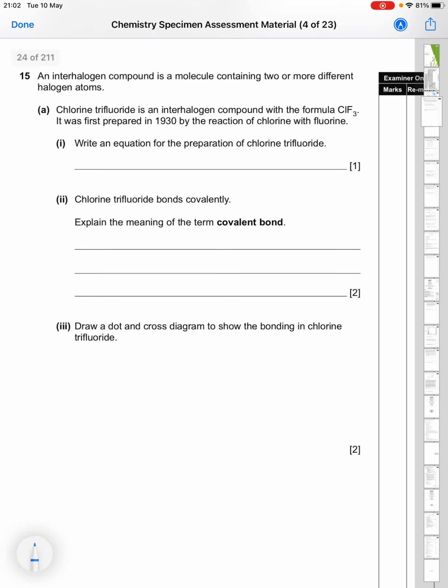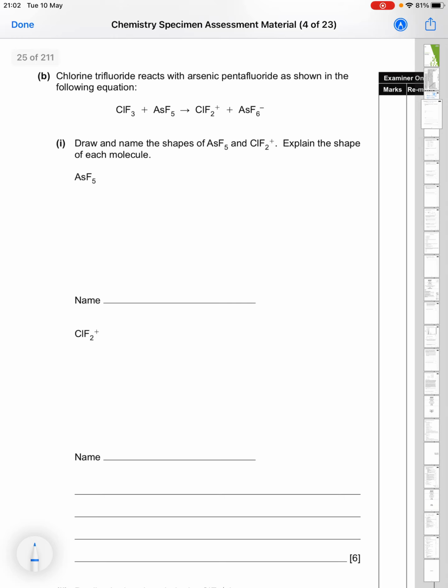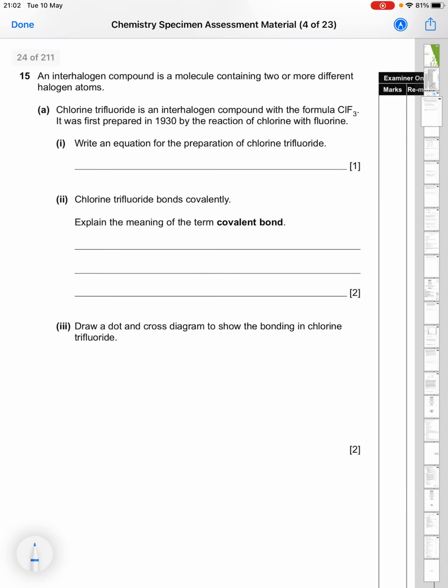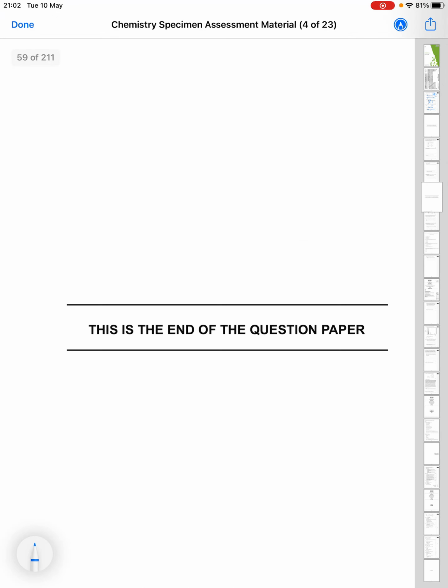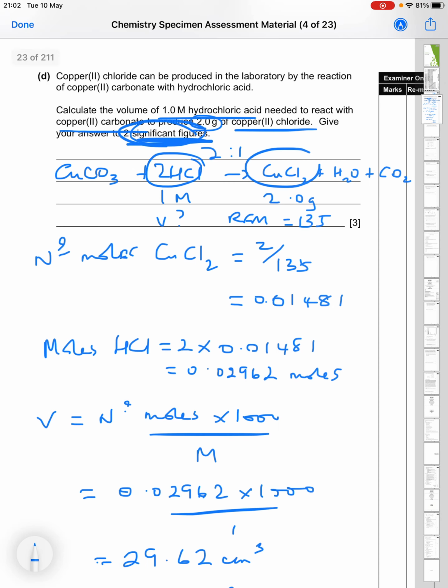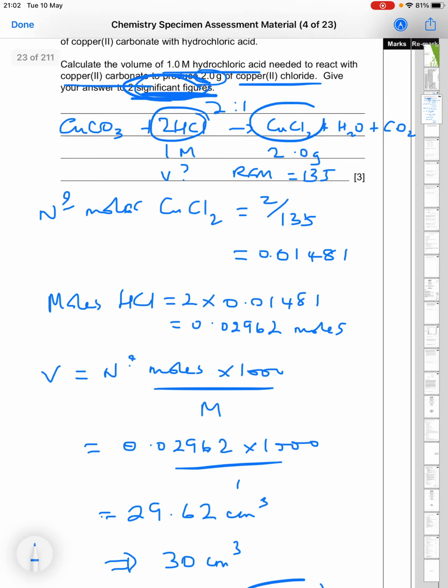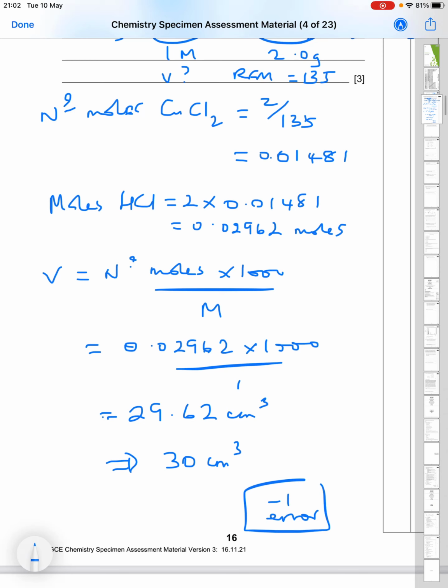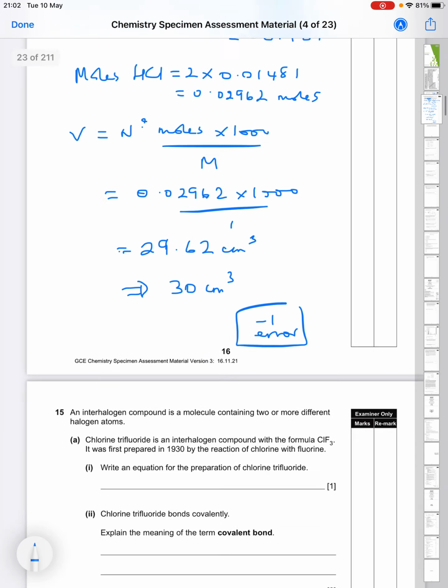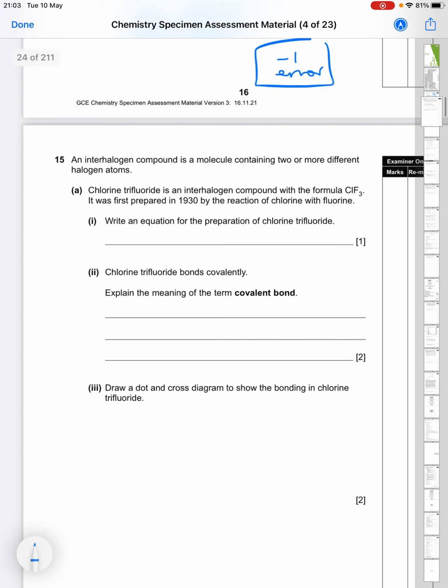So if you got the right answer, but you had given it to the wrong number of significant figures, you would lose a mark for that error.